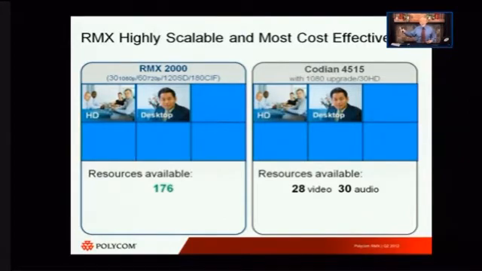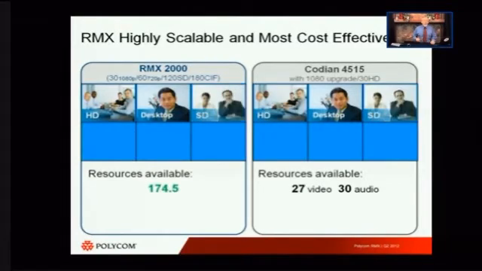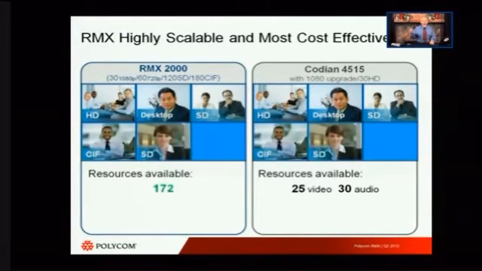Now I'm using a total of 2 ports on the Kodian side, and I've used 4 resources on the Polycom side. Next, I'm going to add a standard definition call. They're going to end up using about 1.5 resources on the Polycom side, and on the Kodian side, they're using another port.